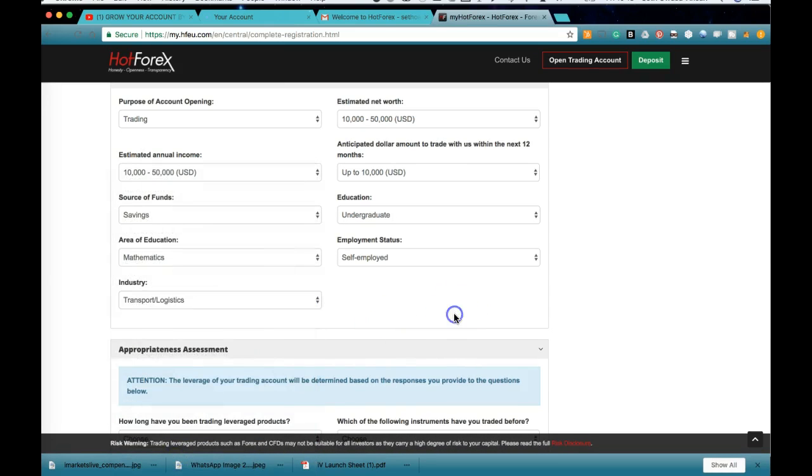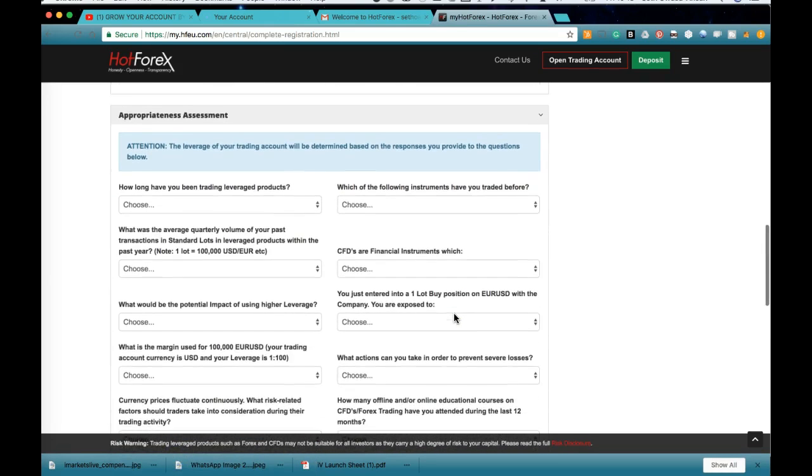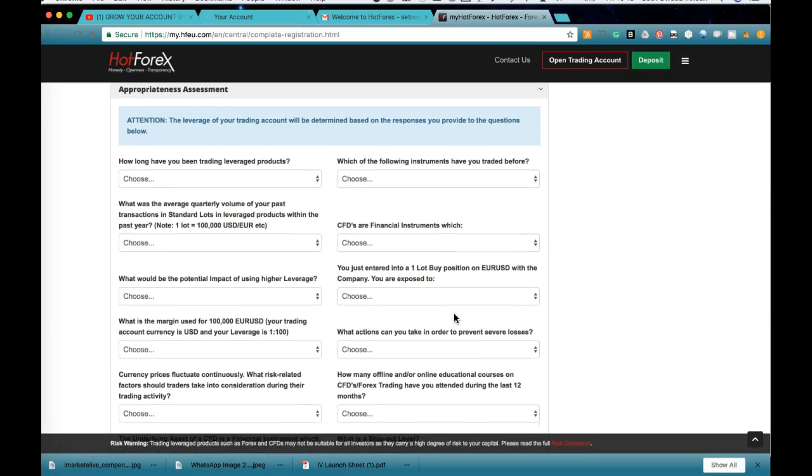So transport. Now the next section of the registration process is probably the most important part, which is the appropriateness assessment. This assessment is what HotForex uses to determine your experience in trading and therefore what leverage they will offer in your trading account.